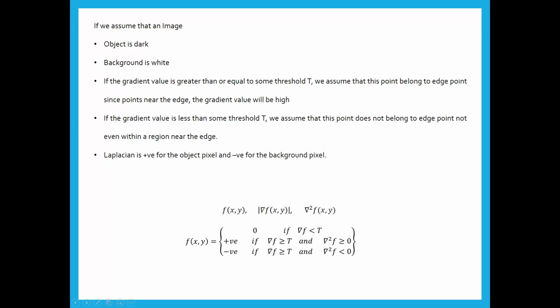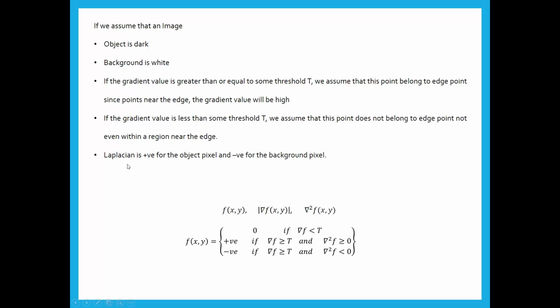So gradient measures the maximum rate of change, and that will happen near the edges. If the gradient value is less than some threshold capital T, we assume that this point does not belong to an edge point, not even within a region near the edge.